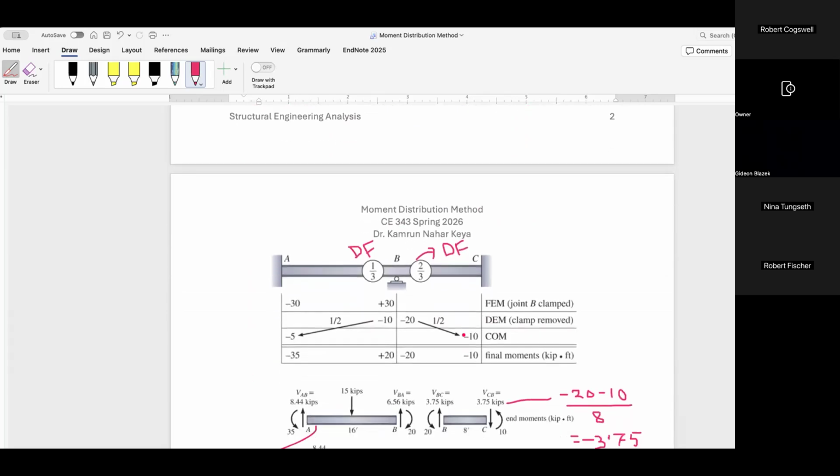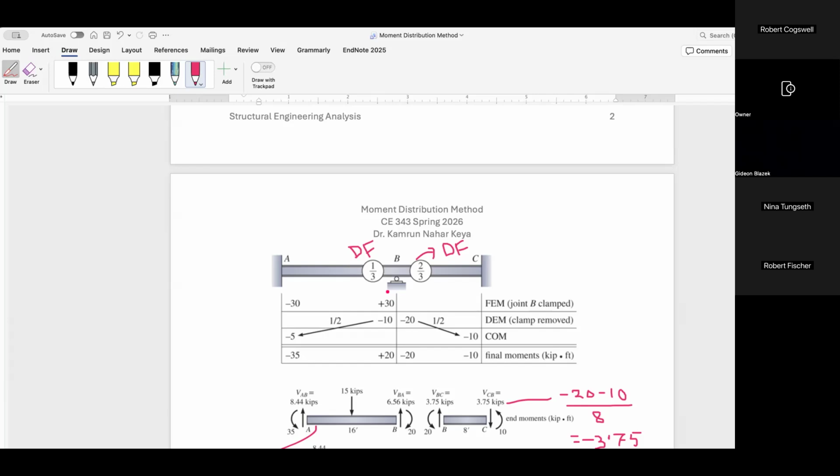So the first thing we have to do is distribute. Here 1/3. From FEM we get 30 plus 30. But when you start distributing your moment, whatever the sign of the FEM, it will be the opposite sign.